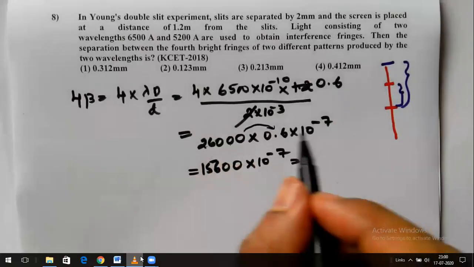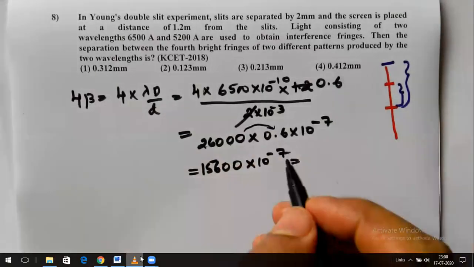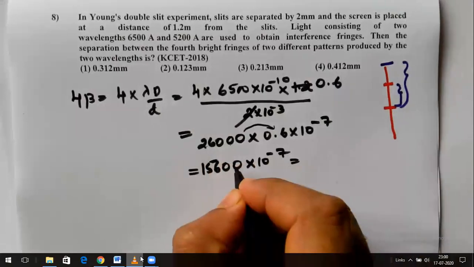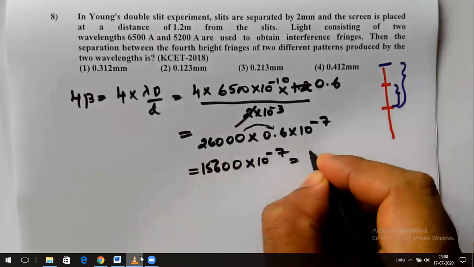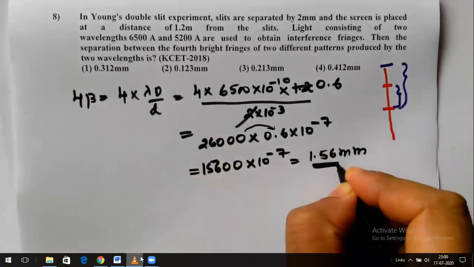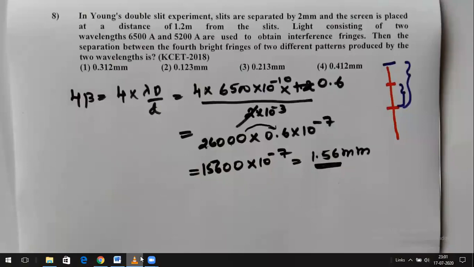That corresponds to, and you see all the answers are in millimeter, so I will take minus 4 from here. 1, 2, 3, 4. 1.56 millimeter. This is the fourth bright fringe due to one pattern.